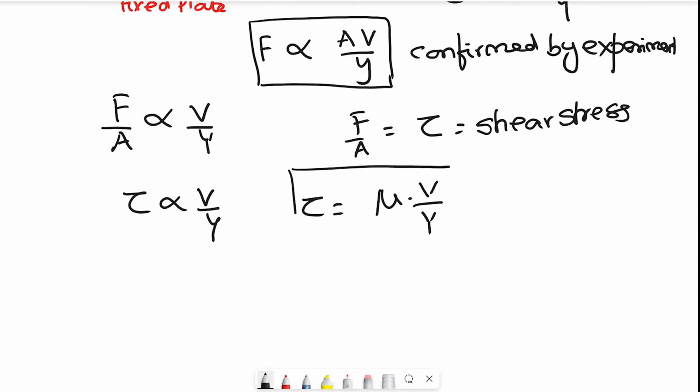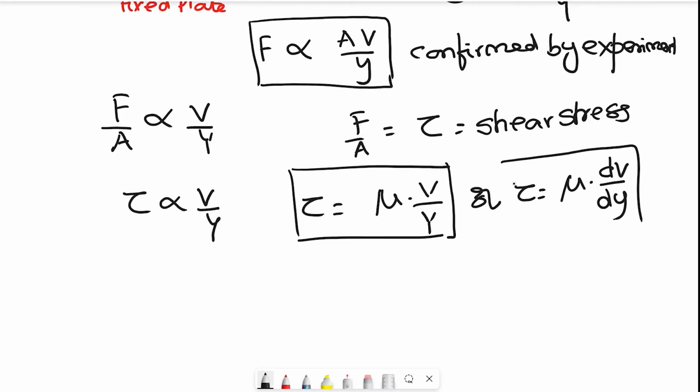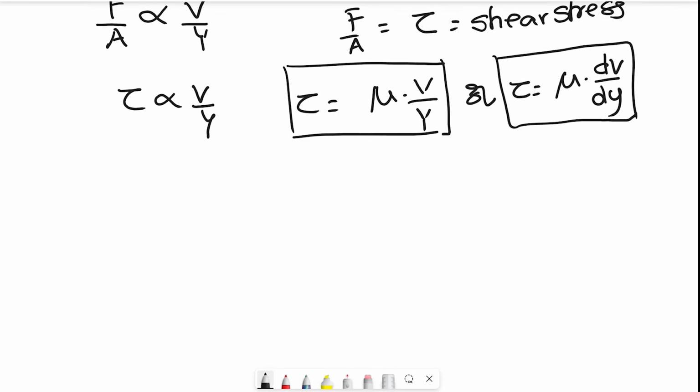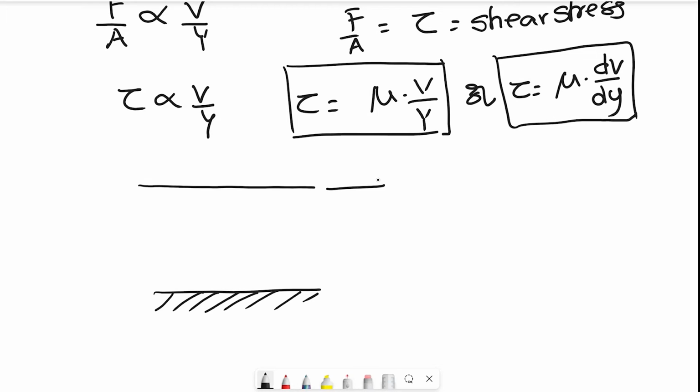So here mu is nothing but a constant of proportionality, or in general differential form we write tau is equal to mu into dV by dy. This is the general differential form. If you want to know how to derive that, for example, I take this as the fixed plate and this as the moving plate.